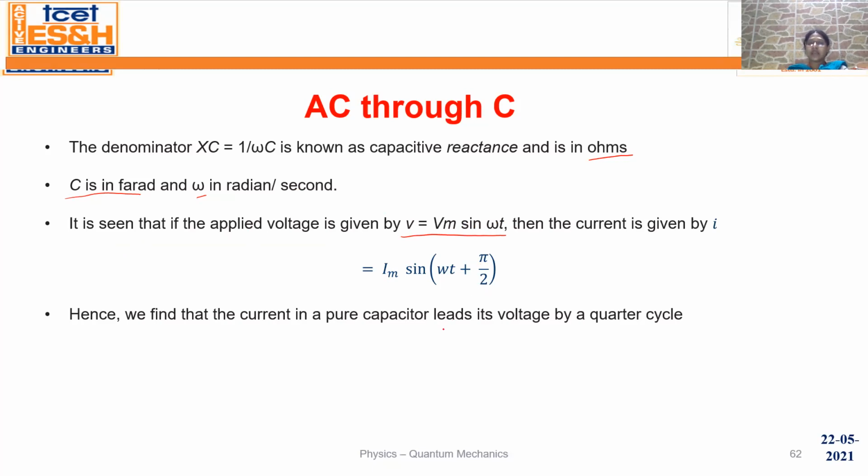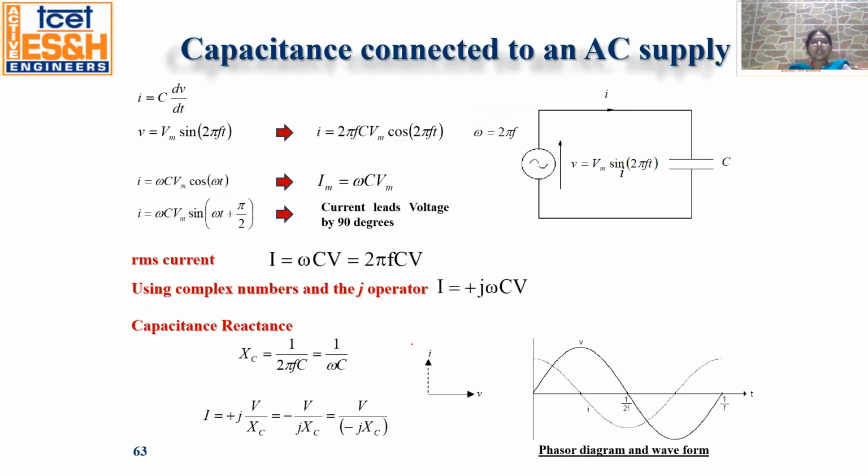So in this pure capacitor, the current leads its voltage by 90 degree or a quarter cycle.